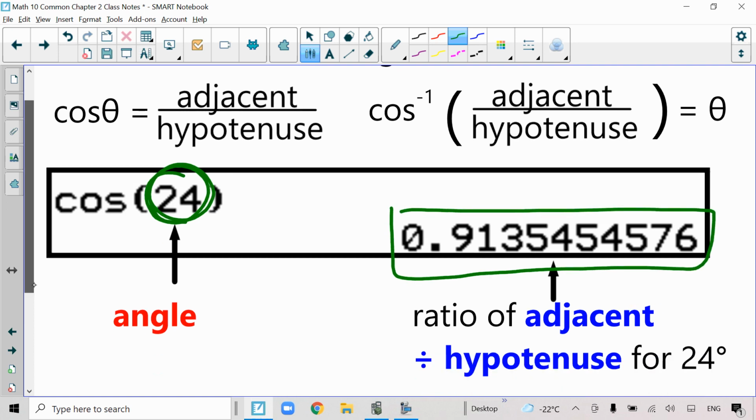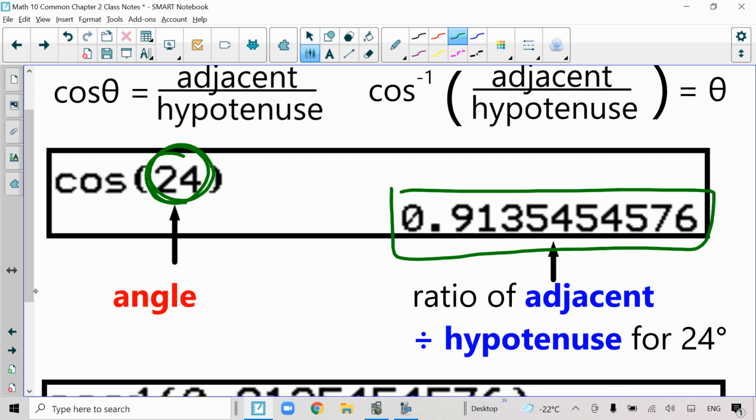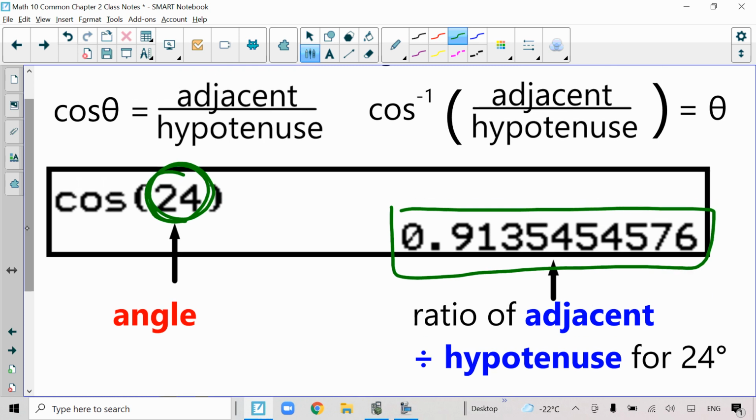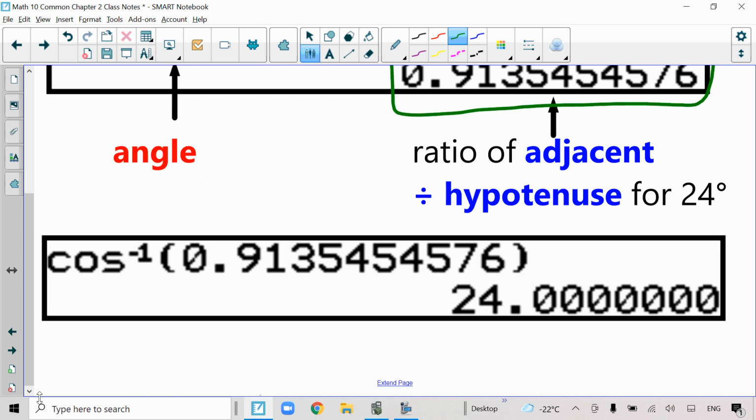If I want to go backwards and, given the ratio, find the angle, I should be able to use cos inverse. That would be taking the cos inverse of this ratio. I should go backwards and find that the angle is 24 degrees. If we look at that, cos inverse of the ratio is in fact 24 degrees.